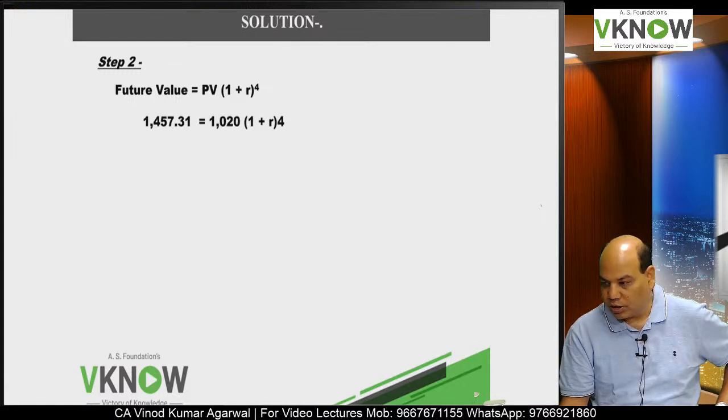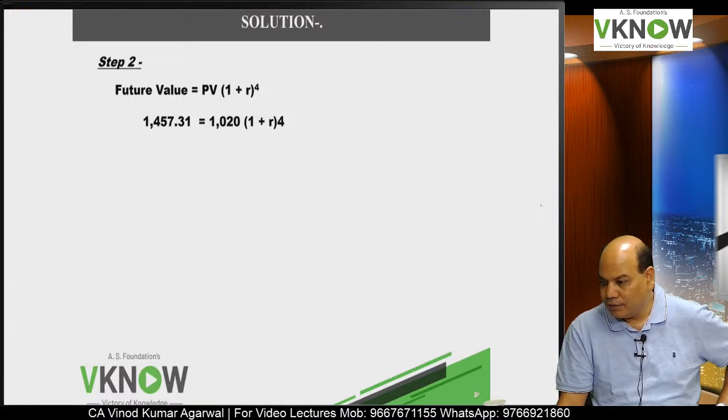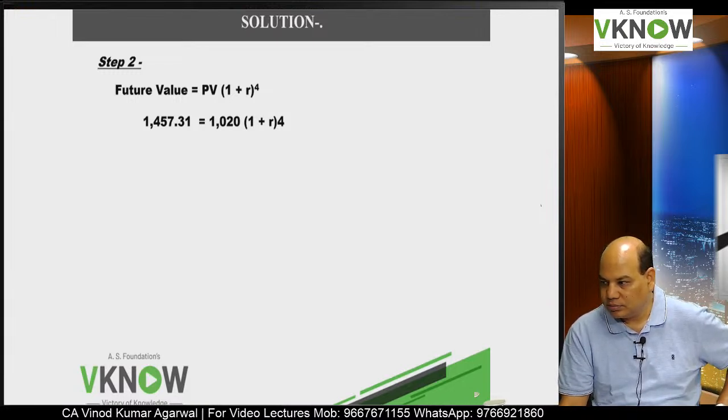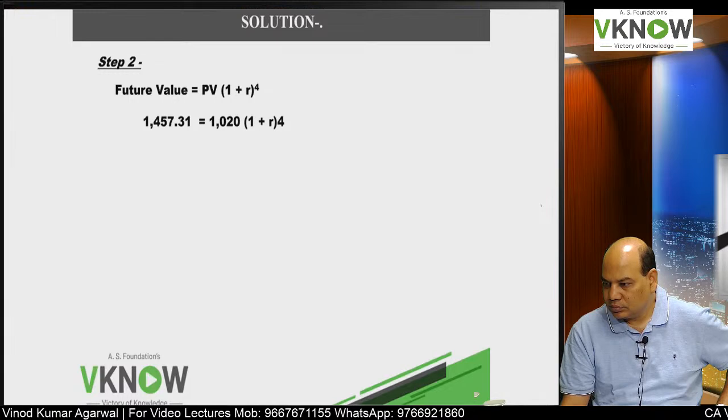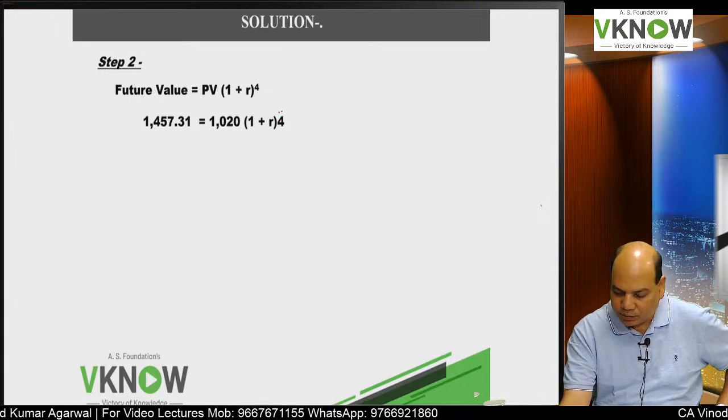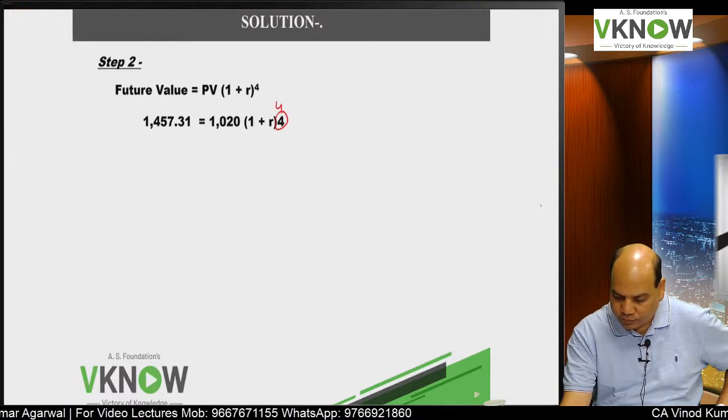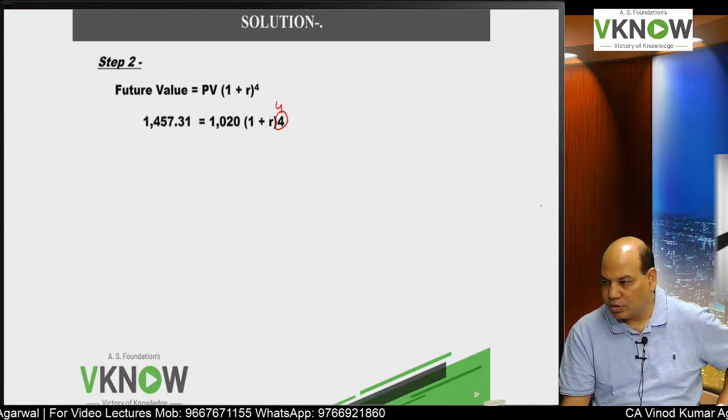So now I am going to write an equation. 1457.31 is equal to 1020 into (1 plus R) to the power 4.